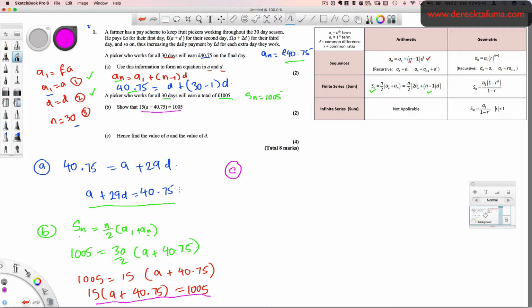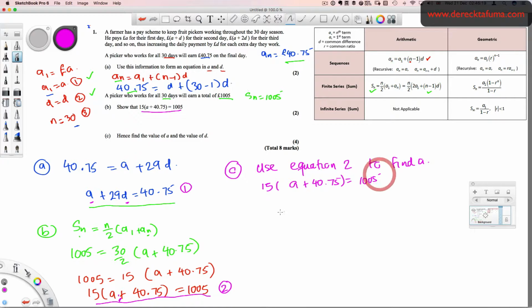One has A and D, and the other is just A, so we can use equation 2 to find A. Using equation 2, 15 brackets A plus 40.75 is equal to 1005.